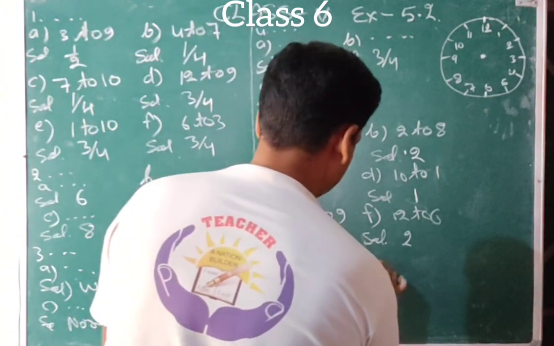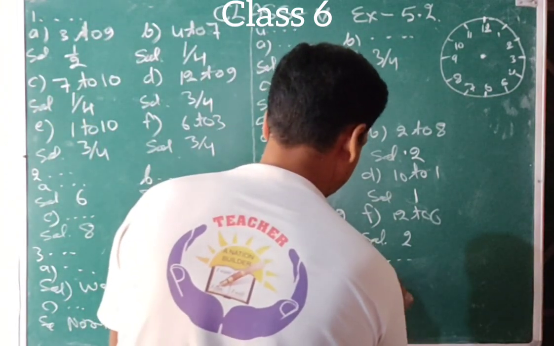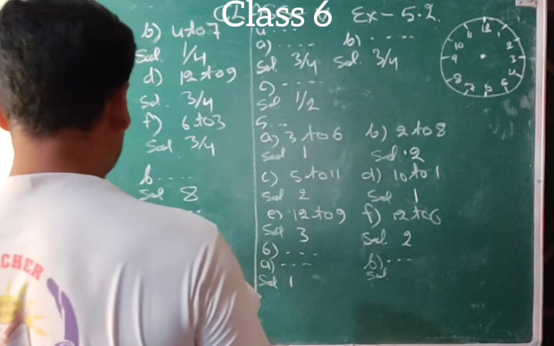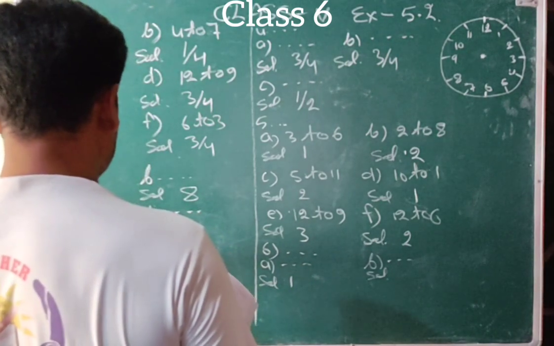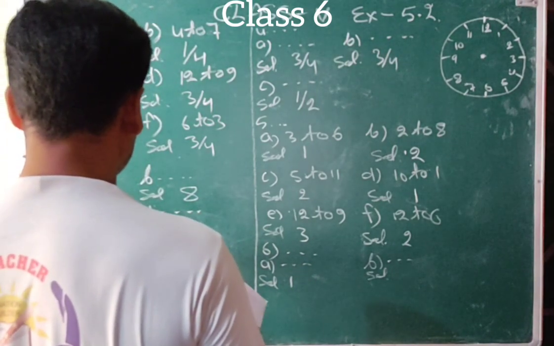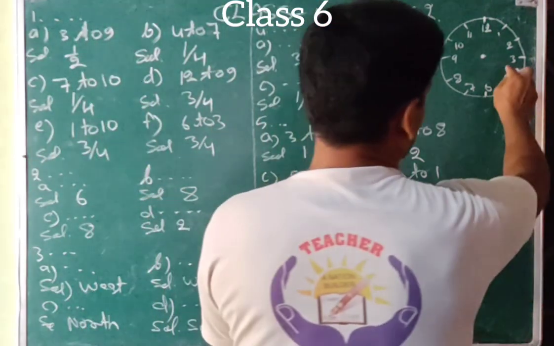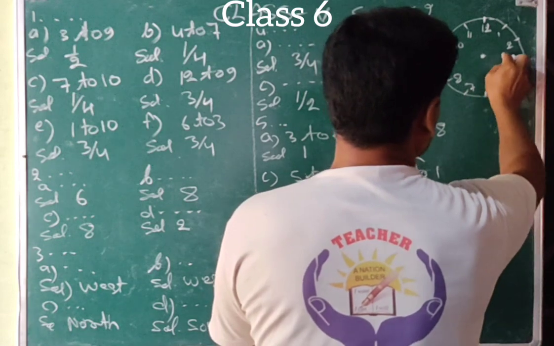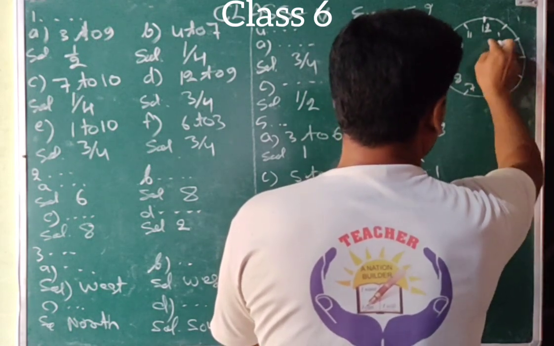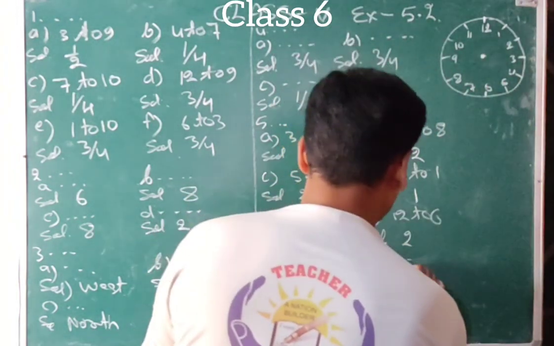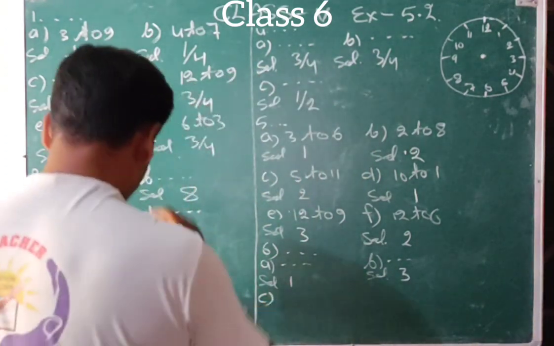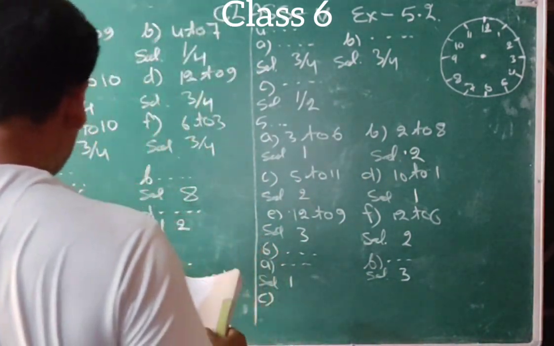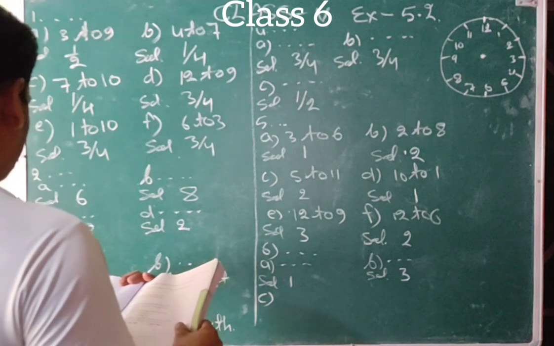B part, north and turn anti-clockwise to east. Anti-clockwise means the opposite direction. That will be 3. C part, west and turn to west.